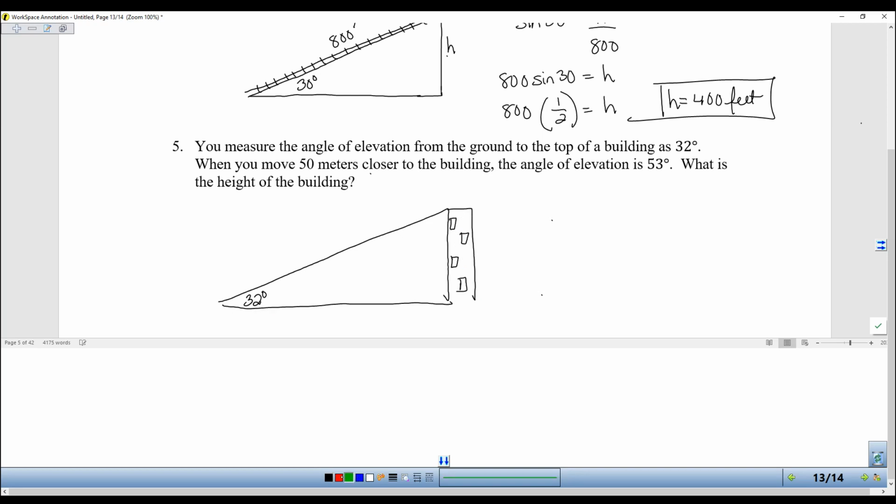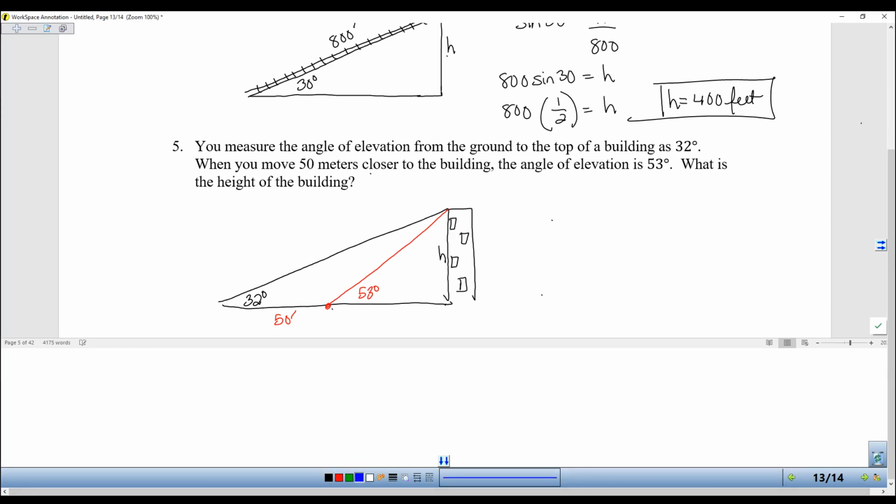But if I move closer, so I've walked 50 feet, now I'm going to have to look up steeper, right? That's why the angle of elevation changed. Now it's 53 degrees, because for me to see the top of the building, I have to tilt my head back further. What is the height of the building?